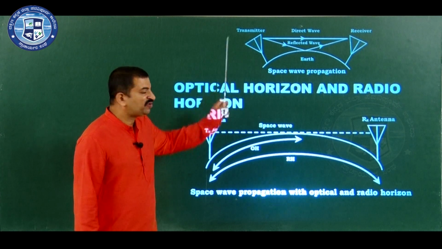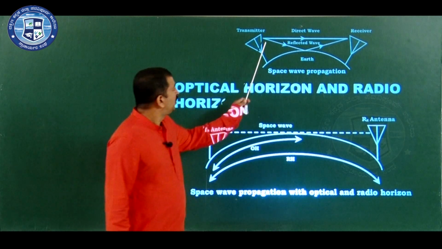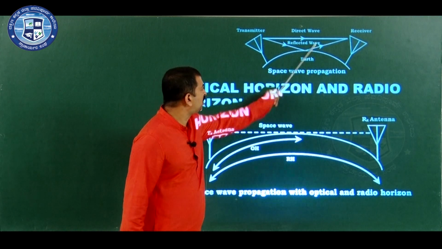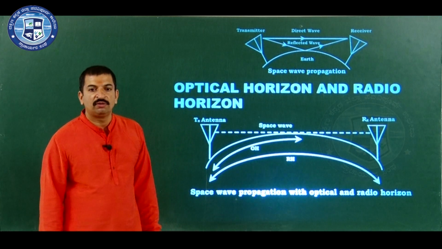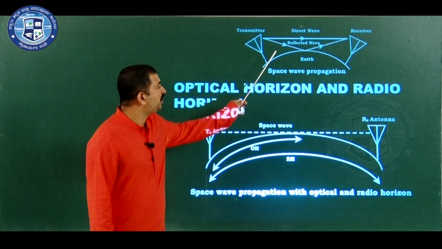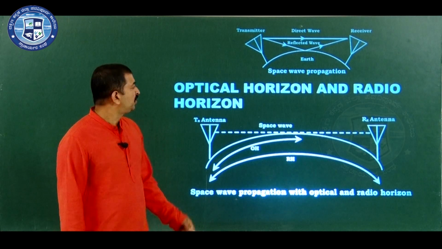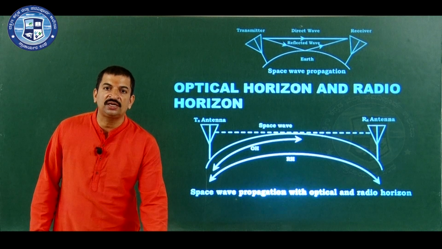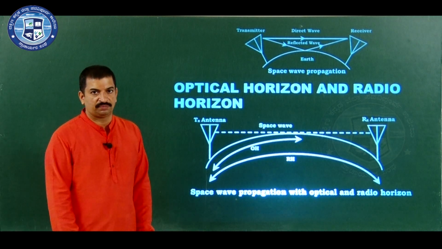So, in the case of the space wave, it reaches the receiver directly from the transmitter. If there is any obstacle like huge buildings or hills, the ray will not be received, instead it may be diffracted. Here there is a concept known as the optical horizon and the radio horizon.